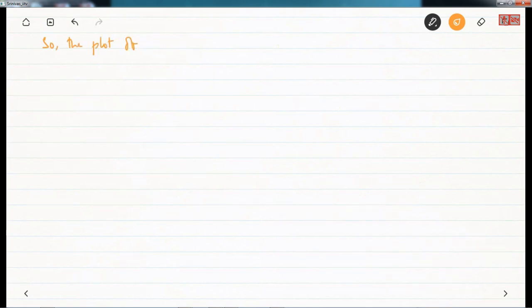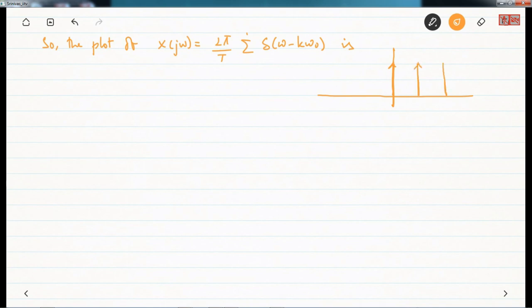So the plot of X of j omega, which is equal to 2 pi by T summation delta of omega minus k omega naught: there is an impulse, there is an impulse, and so on.